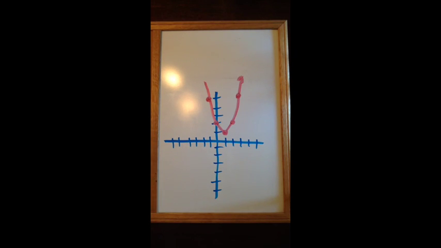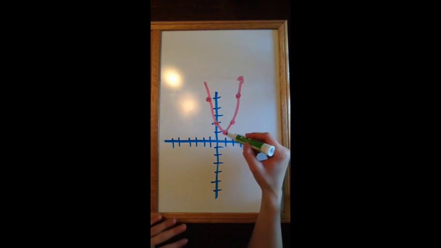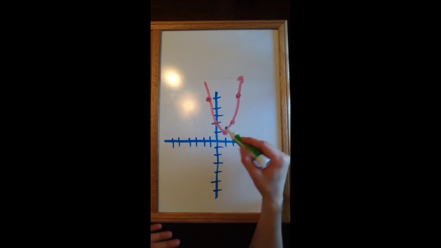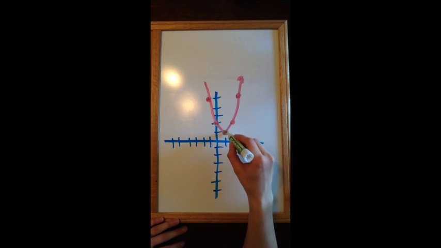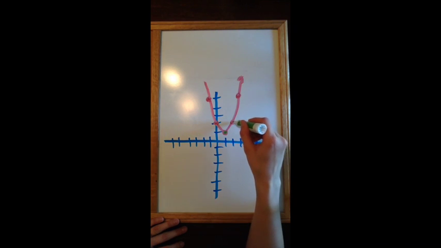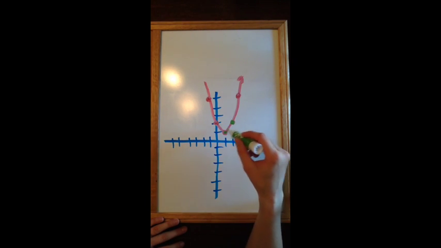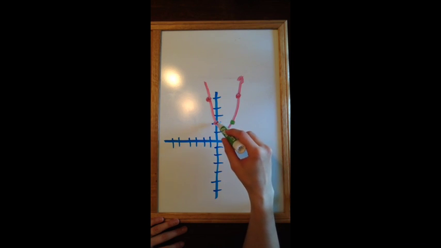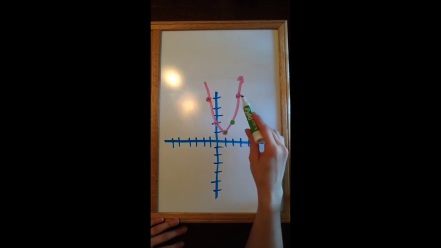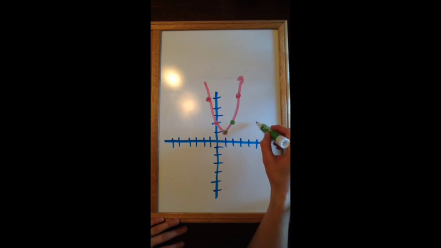So if I want to find the inverse function, what I'm going to do is take these set of points and switch them around. So (1, 1), well, when I switch (1, 1) around, it stays as (1, 1). When I switch (2, 2) around, it stays (2, 2). When I switch (3, 5), I would go (5, 3).